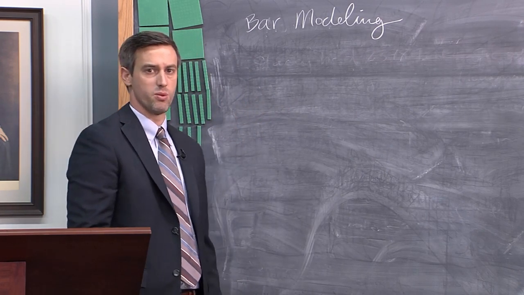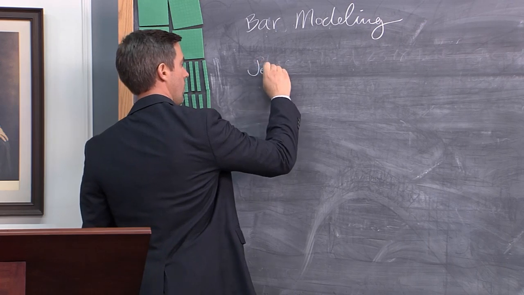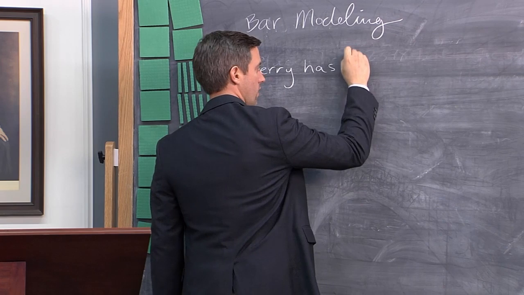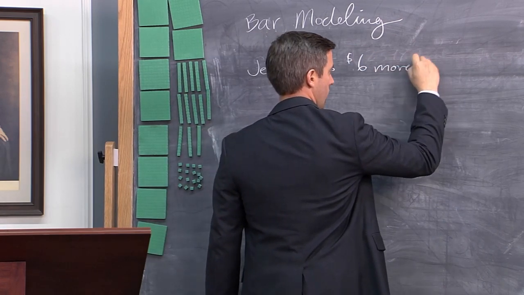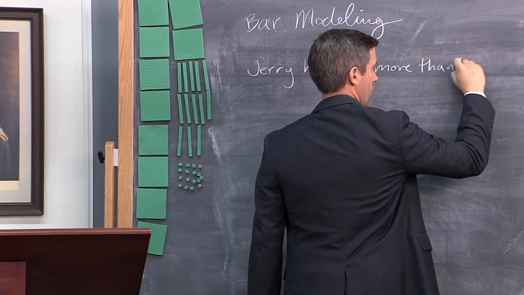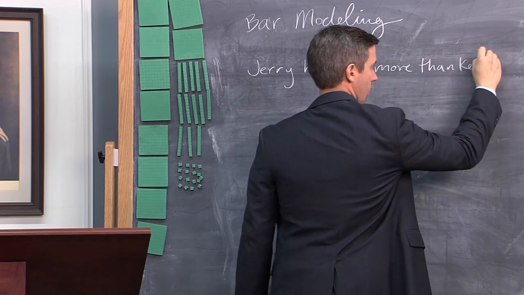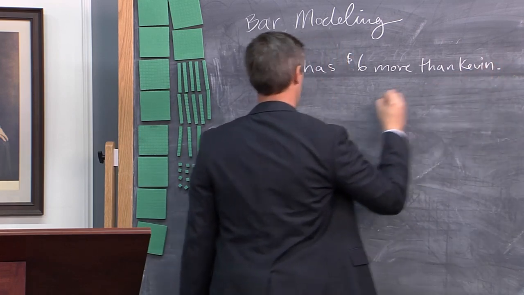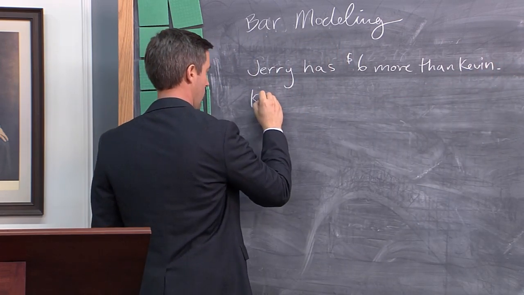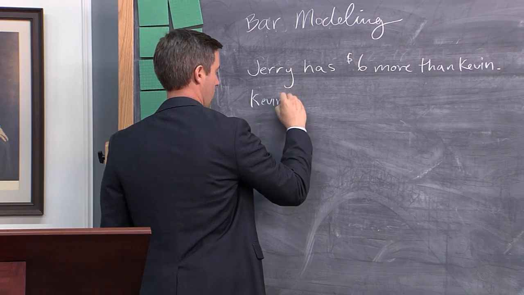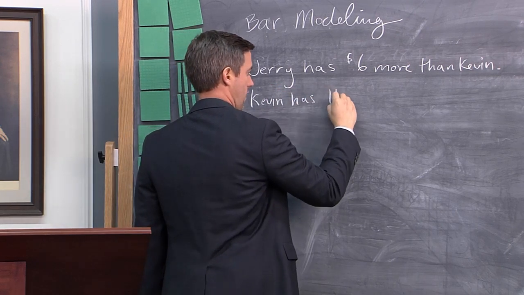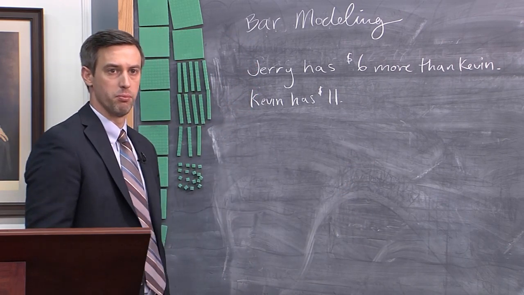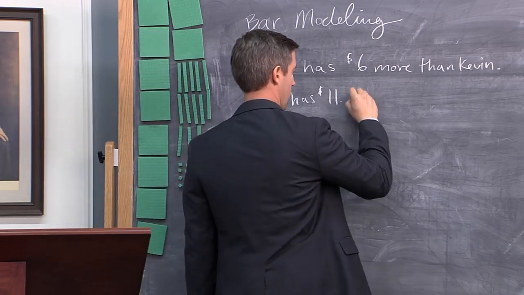Jerry has $6 more than Kevin. Kevin has $11. How much money do they have altogether?